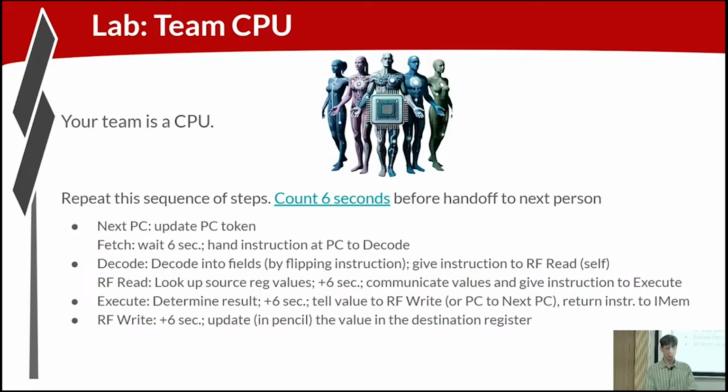Do the PC, the PC and fetch person will do that operation, hand off the result, then decode will do their thing, then execute will do their thing, register write will do their thing, and then we're back to next PC and fetch. You'll do the next instruction. And line yourselves up so you're going around the table.